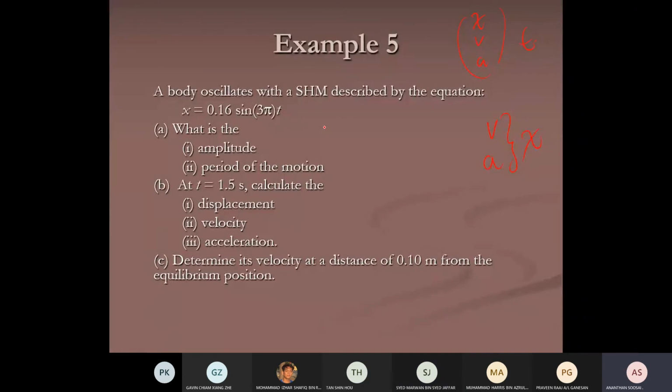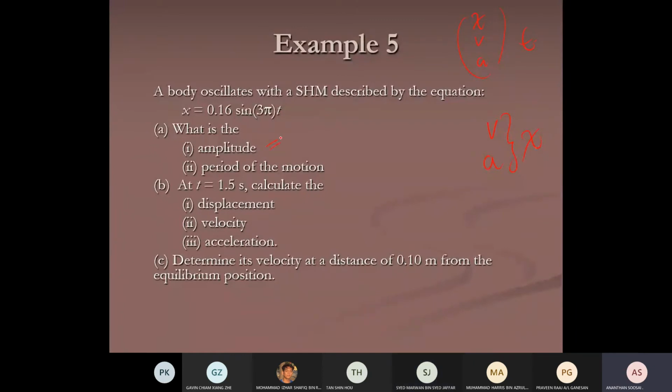Even though this question says meters, what if they don't say it? This question is supposed to say it. In past year questions, they will tell you 0.16 in meter. So in this case, you take 0.16 as in meter.